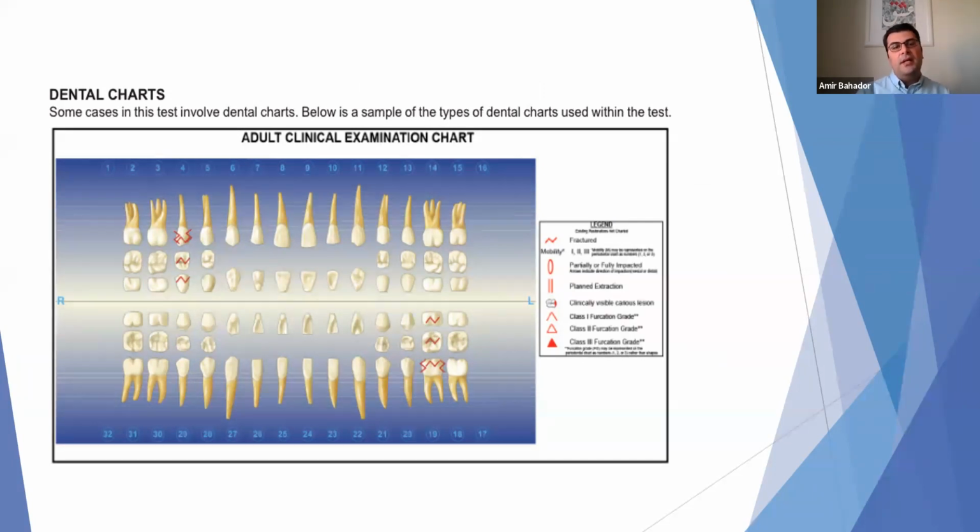So it's really important to be familiar with this type of tooth numbering. At first, it may be somewhat hard for you, but by practicing, you will be comfortable with that. I want to let you know that in the United States dental exams, it would be like this.